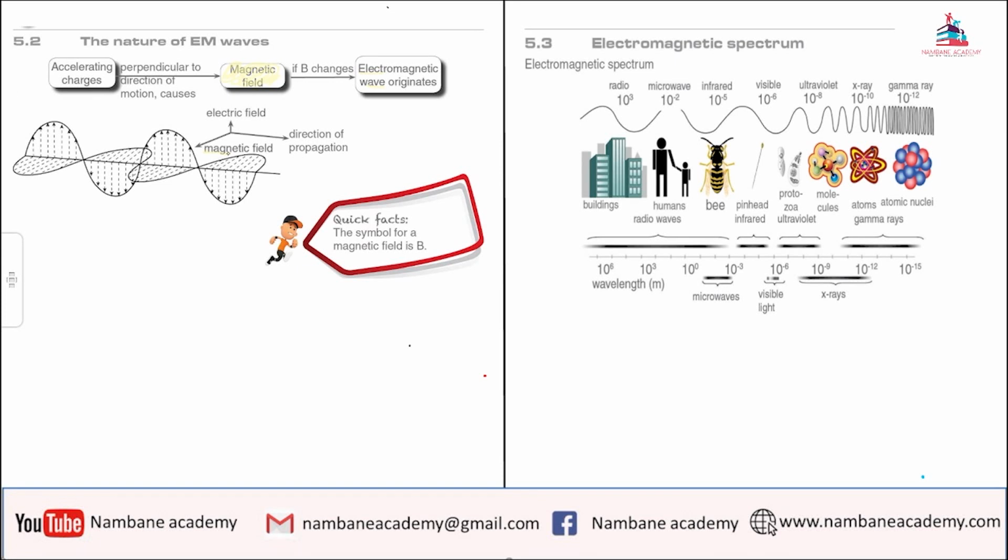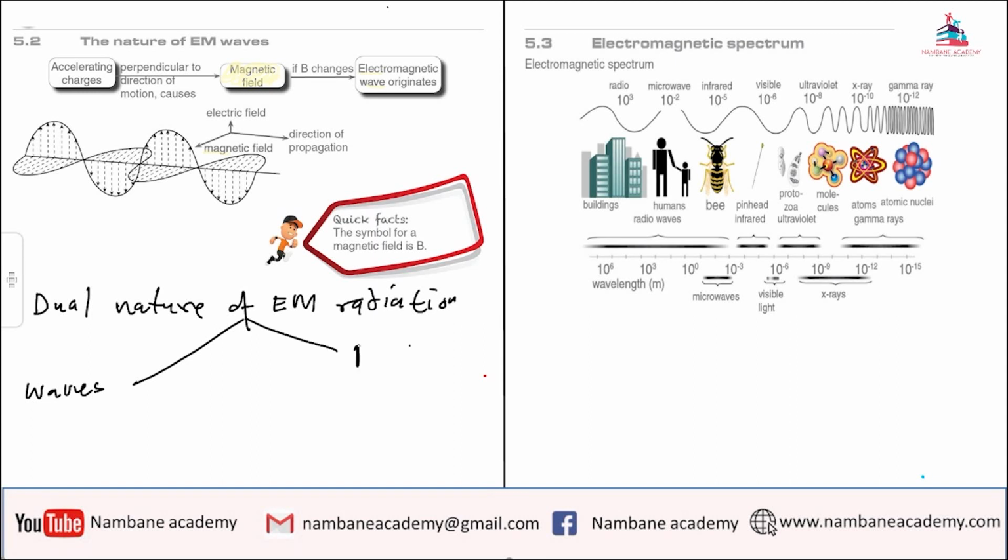So an electromagnetic wave has what we call the dual nature of electromagnetic radiation. What do we mean by dual nature? Ladies and gentlemen, it can act as a wave, and at the very same time it can act as a particle.